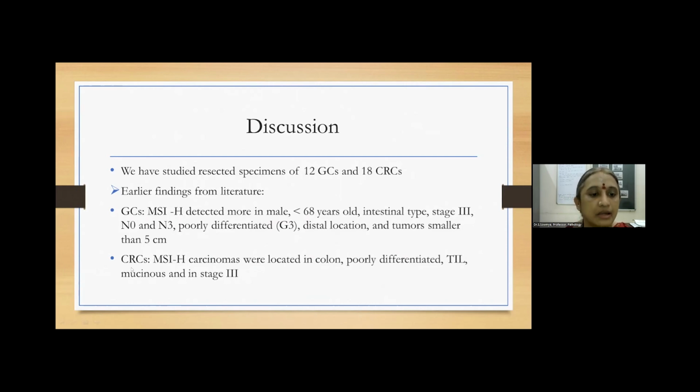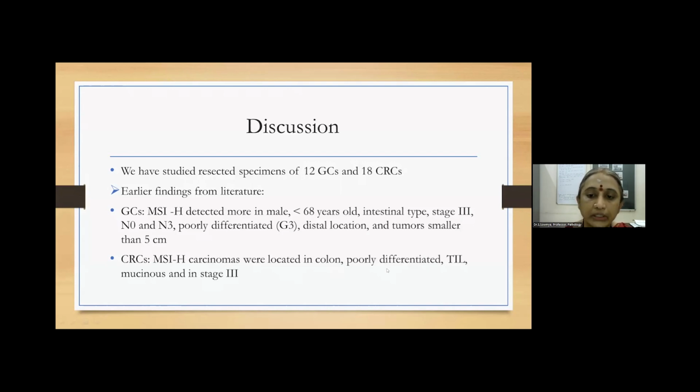Coming to the colorectal carcinomas, the microsatellite instability high carcinomas in the earlier studies were located in the colon, with poorly differentiated morphology, a good number of tumor infiltrating lymphocytes, mucinous pattern, and stage 3 disease. In our study also, we have encountered more ascending colon carcinomas.